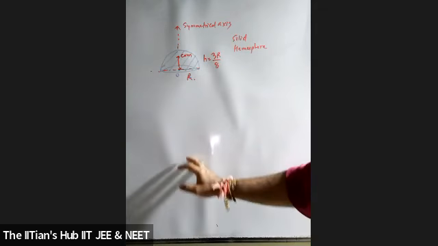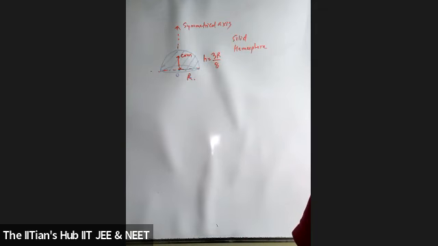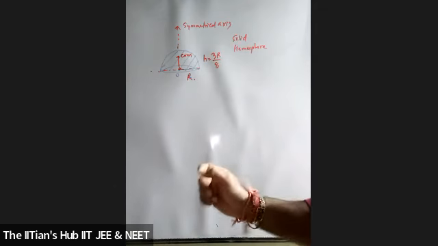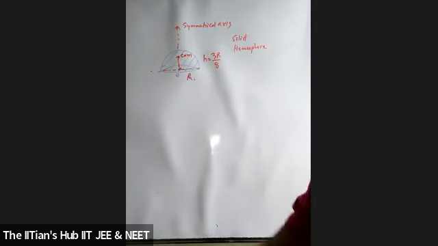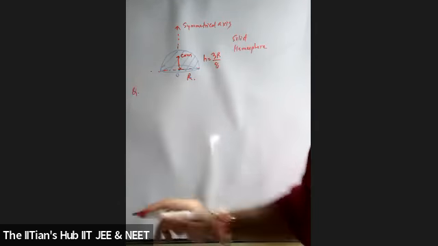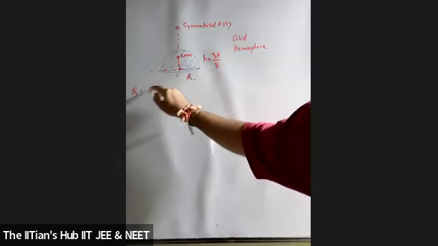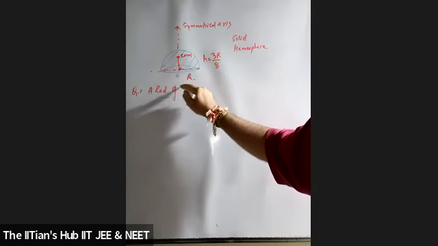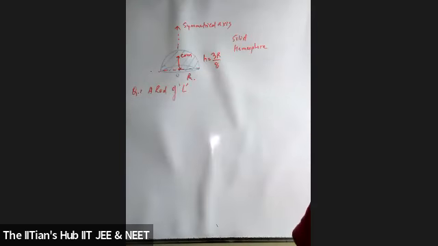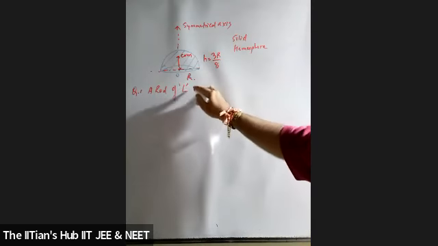Now try to solve this question students. Listen carefully. What is the question? The question is a rod of length L is placed along x-axis.